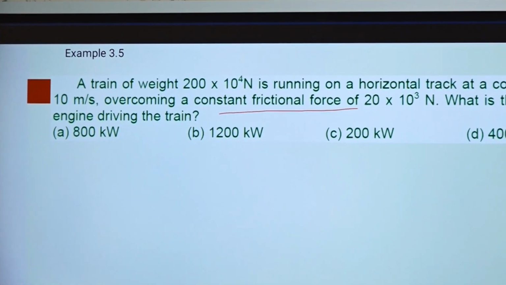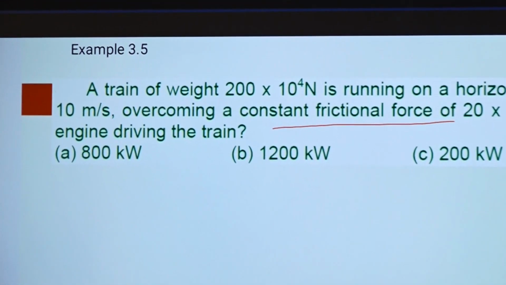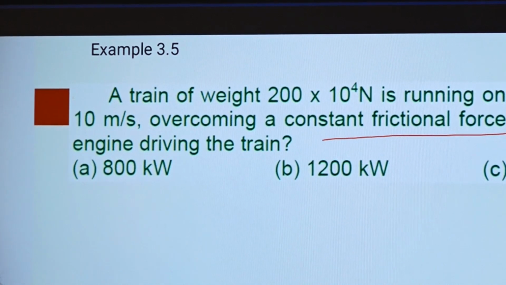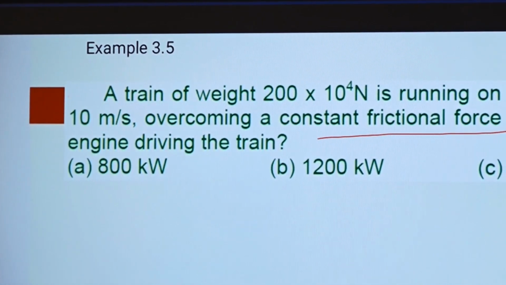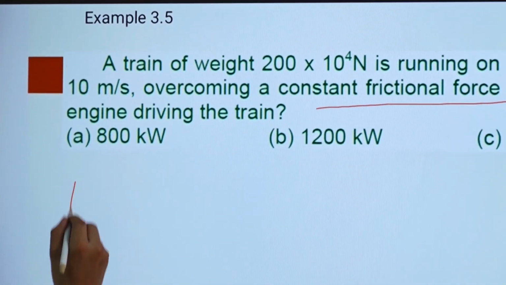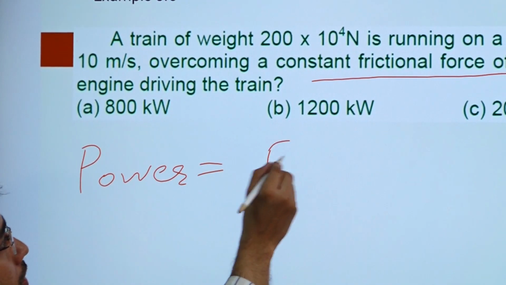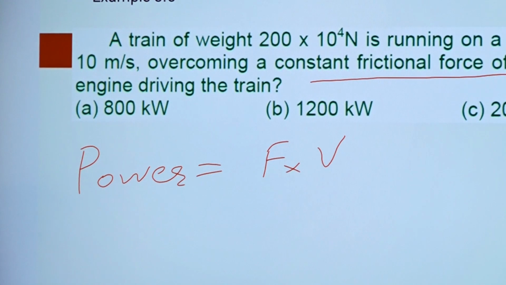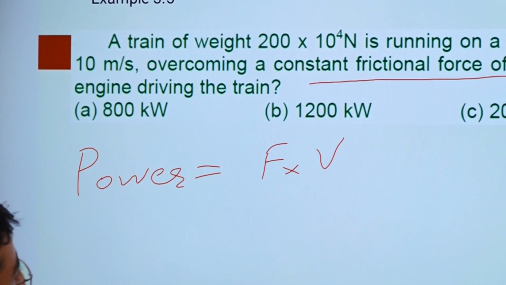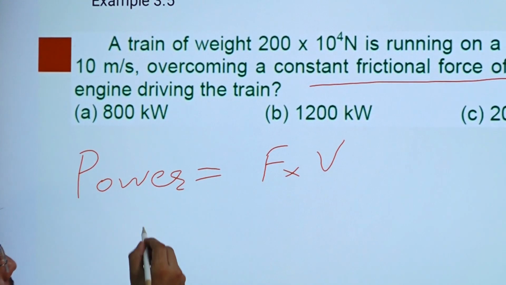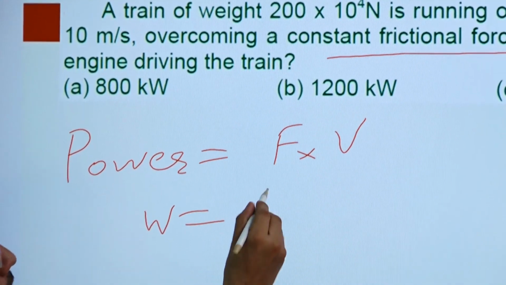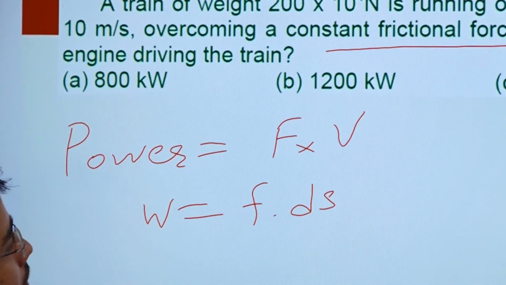So how do we solve this problem? The formula of power is obviously F into V, right? Force into velocity. So how did it come? I will just derive it in a simple method. Work done is equal to F dot ds, right?